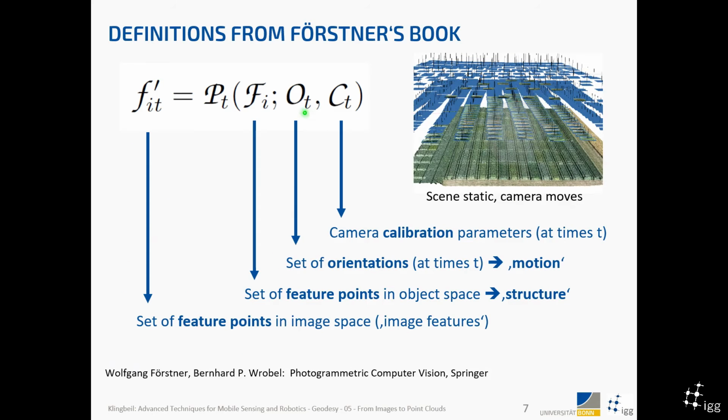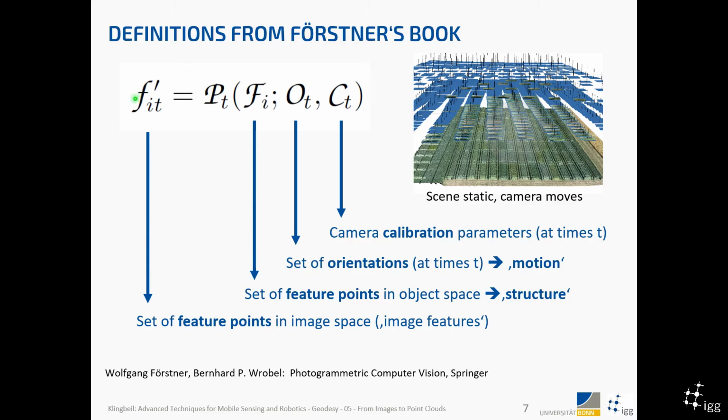Let's go to the definitions from Wolfgang Förstner's book to explain some words and some meanings of different processes. This is basically the same equation that we've seen before, where we have a set of features in the image space, in the 2D image space.